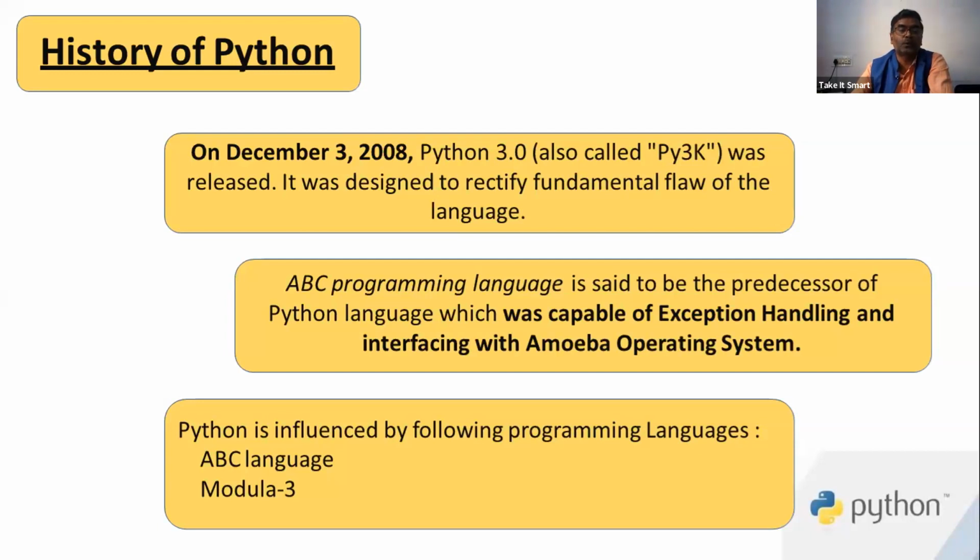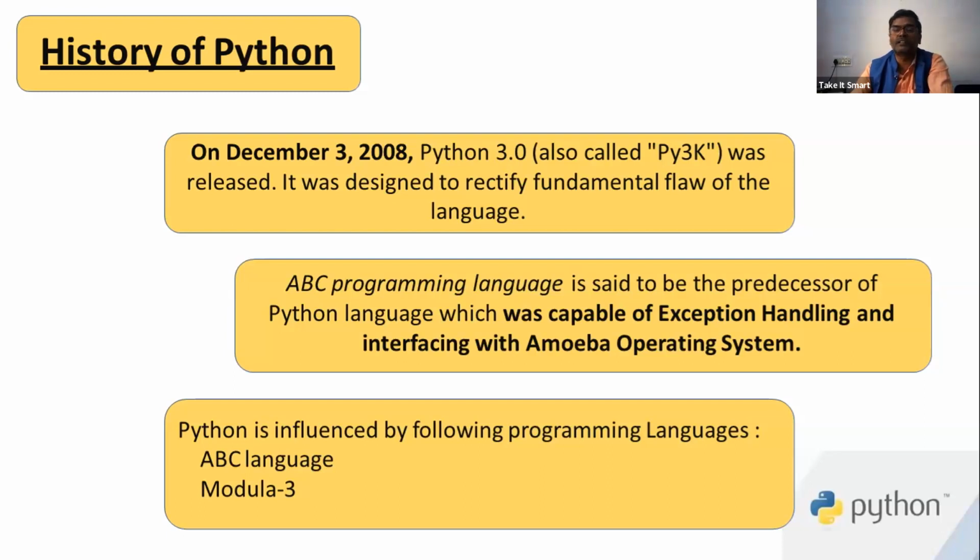So the ABC programming language is said to be the predecessor of Python. Are you aware of the ABC programming language? I don't think you may be aware. ABC is another programming language which is used in SAP.